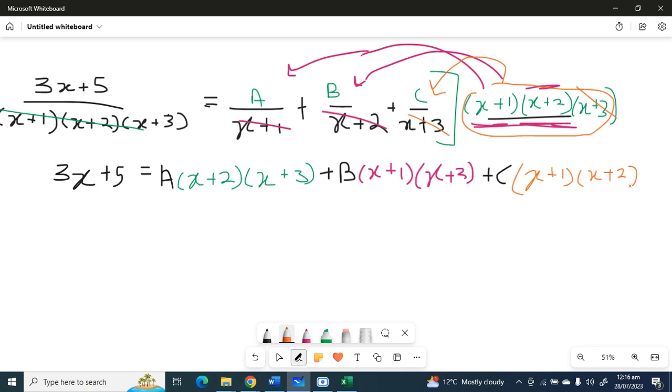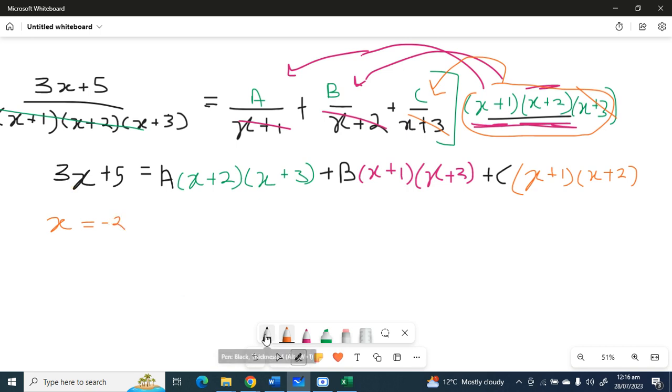All right, so now I have to find the values of a, b, and c. So we can use the elimination method. We can pick certain values of x which can get rid of any of these expressions. So for example, let x equal -2.